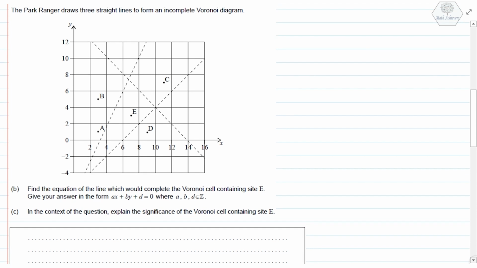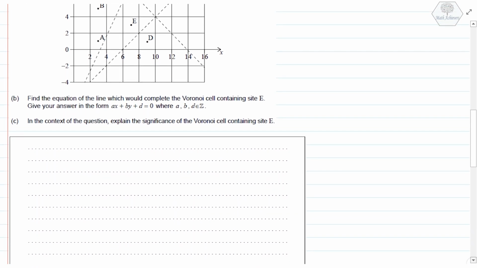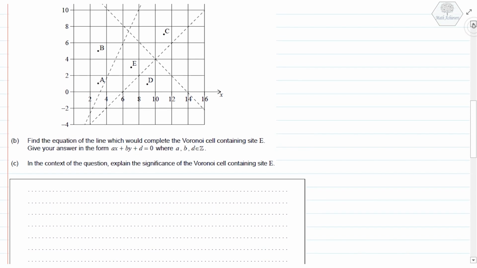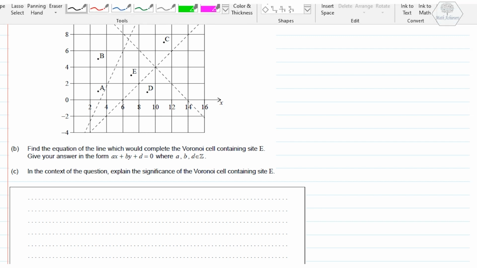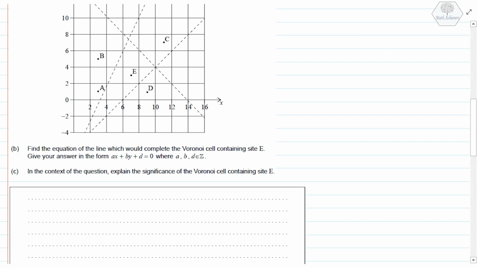For part B, we need to find the equation of the line which would complete the Voronoi cell containing site E. So if I want to complete the Voronoi cell containing site E, I need to find the perpendicular bisector for the line AE.